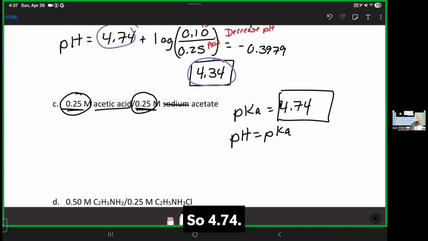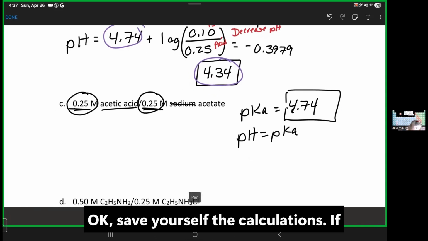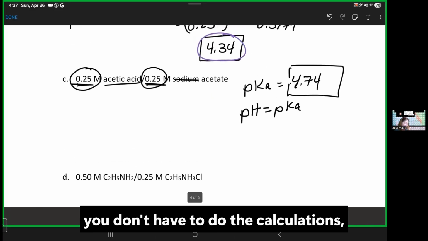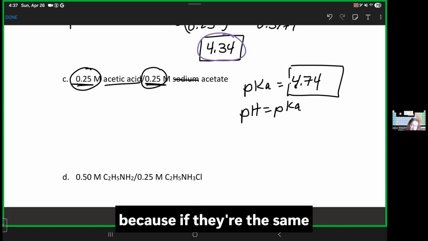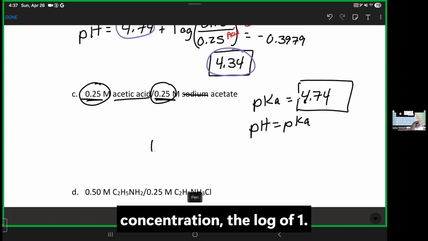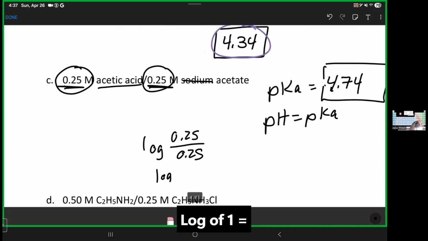So 4.74. Okay, save yourself the calculations. If you don't have to do the calculations, don't, because if they're the same concentration, remember, exact same concentration, the log of 1 equals 0.